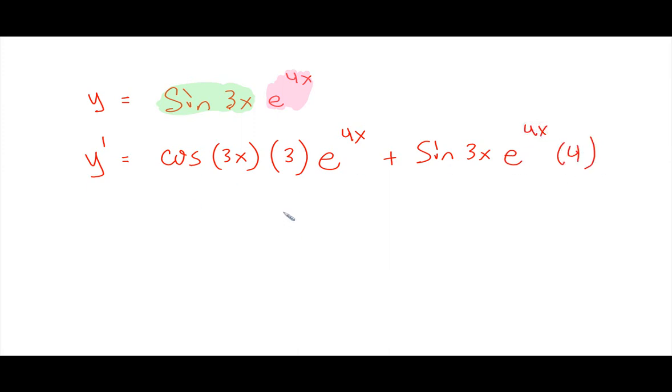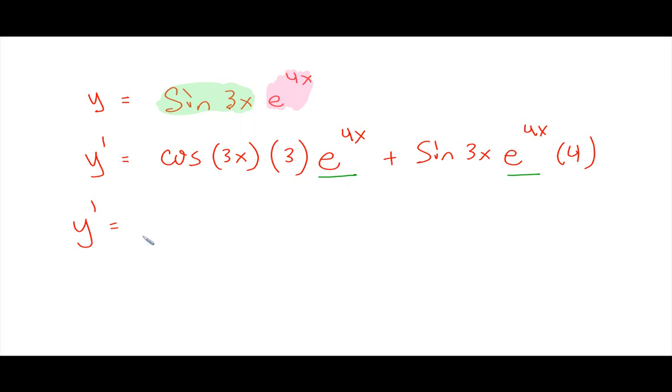And then if we simplify everything, so typically anytime you do product rule, there's going to be a GCF that you can take out, right? So I see that, well, what can I take out? I can take out an e to the 4x from here and also an e to the 4x from here, right? And then this is 3, this is 4, there's nothing else.